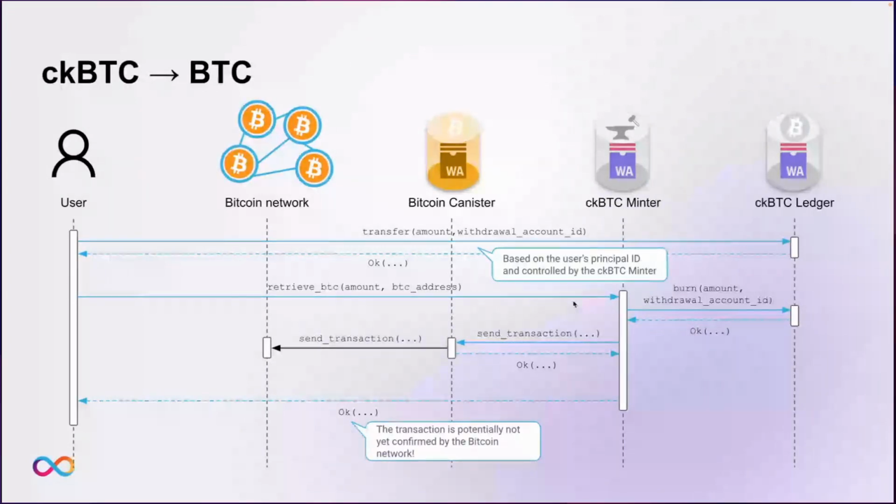The minter then burns the ckBTC that are now under its control and calls the send transaction method on the Bitcoin canister to send the same amount of BTC on the Bitcoin network to the user. And then we converted ckBTC into BTC.